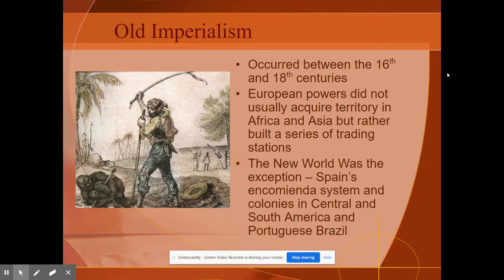And the shift is going to happen because of technology. With quinine, you can now go into Africa and not suffer from sleeping sickness. You're also going to have the Maxim machine gun, which is going to put you at a higher capability than native populations that also had similar weapons during the 16th century and 15th century.